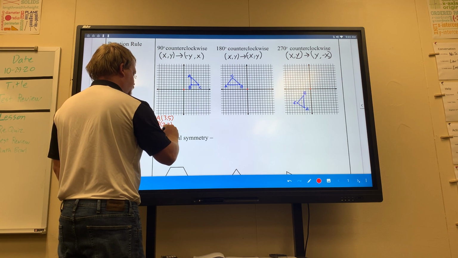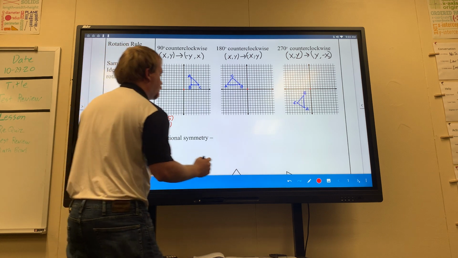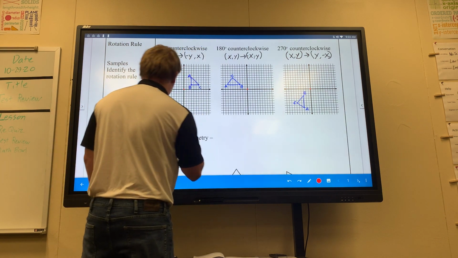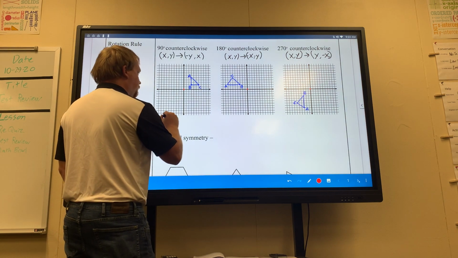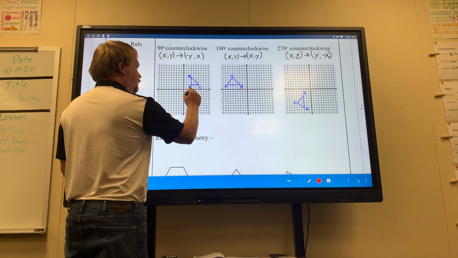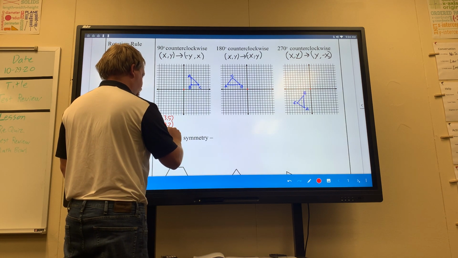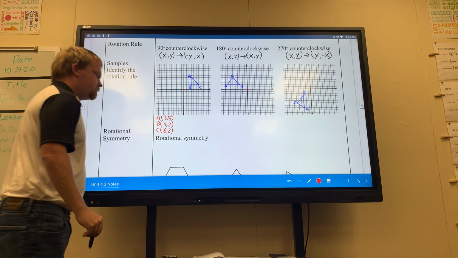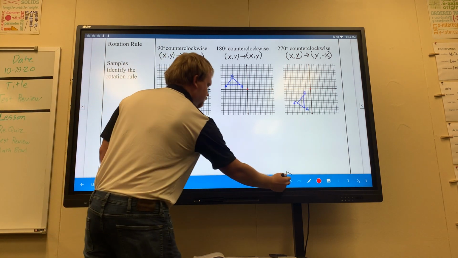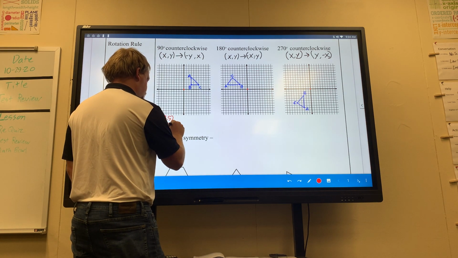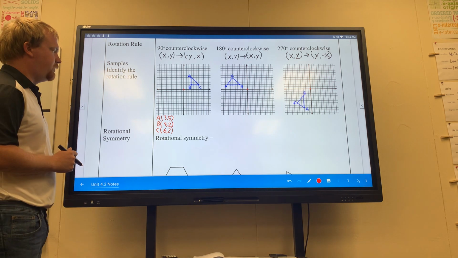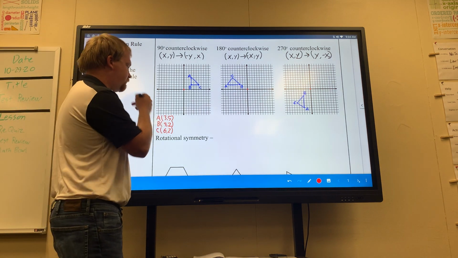C is at 2, no, not 2, I'm sorry. Matter of fact, B is not even 2, 3. It's 3, 2. My apologies. C is going to be 1, 2, 3, 4, 5, 6, 2. So we have 3, 2 for point B, point C is at 6, 2.